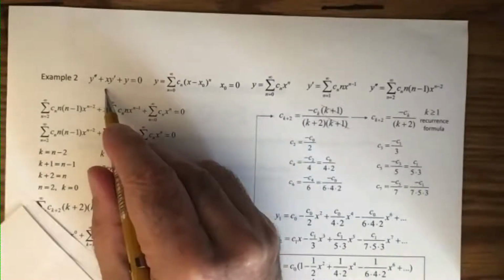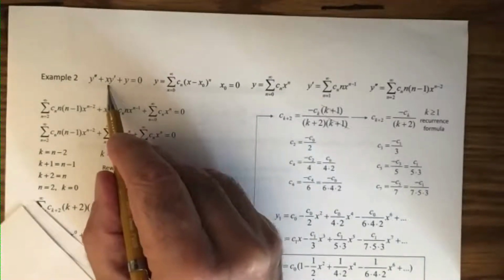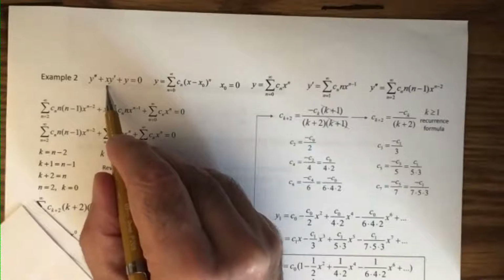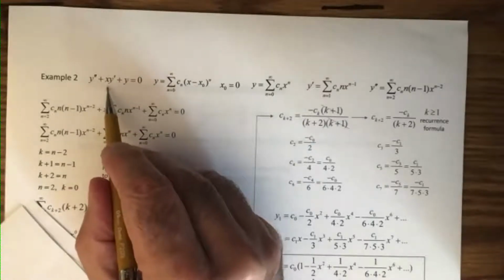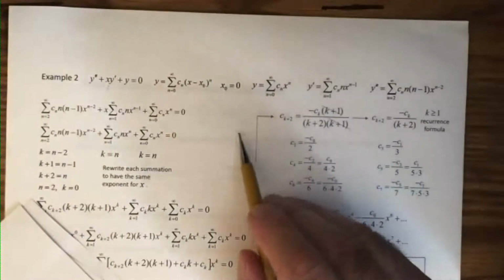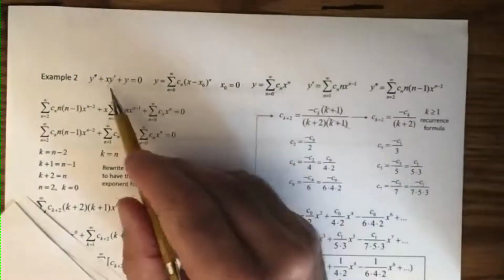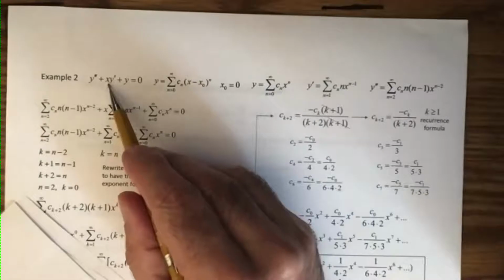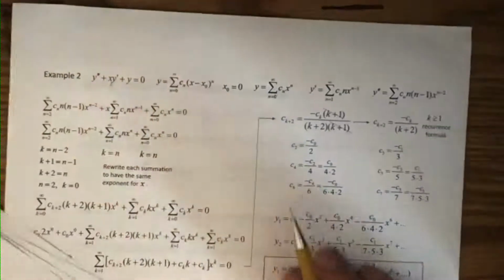Also, the other problem we did yesterday, once again, 0 is an ordinary point, so I can also assume a solution of this form, because 0 is good here.